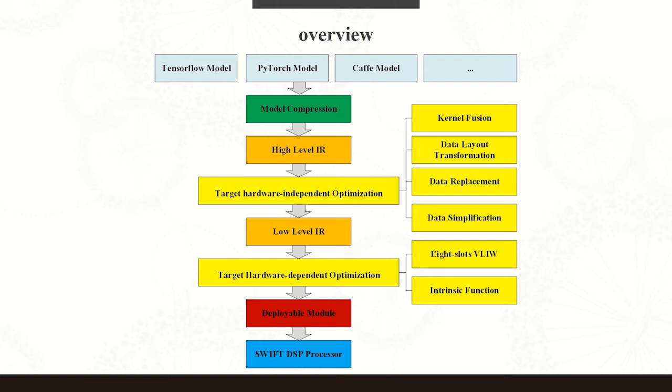The high-level IR realizes target-independent optimization, including kernel fusion, data replacement, and data simplification, whereas the low-level IR allows the compiler to perform target-dependent optimization, such as add slot with very long instruction word and intrinsic functions of single instruction multiple data instructions.